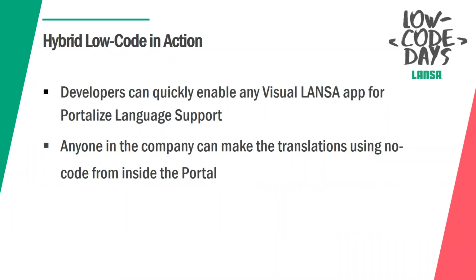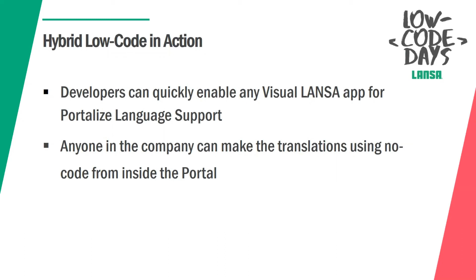So the big things to take away from the language support edition of Portalize is developers can quickly enable any Visual LANSA app for the Portalize language support. Then anyone in the company can come back and make those translations using no code from right inside the portal. So the developer does not have to be concerned with the language of the end user.